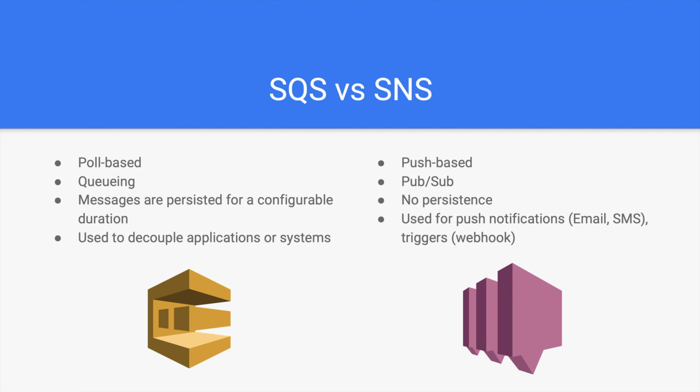You would likely use SNS if you want your applications to receive messages in real time or be notified, or if you need to trigger a webhook or for doing some kind of process, for example, when building chatbots.